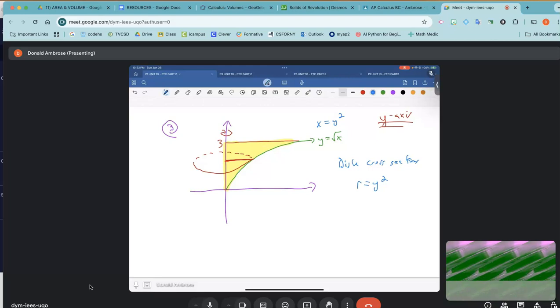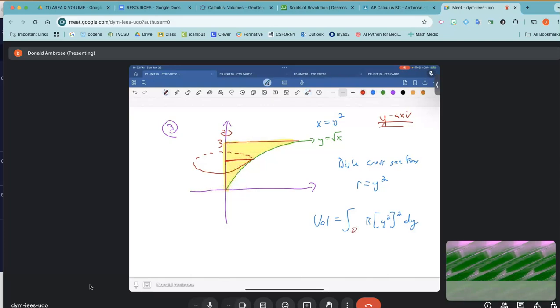And for our volume, the volume would be a definite integral of pi times our radius, which is y squared, dy. And then our limits of integration also have to be in terms of y. The lowest cross section would be at y equals 0, and as our cross sections go all the way up to the top, the highest cross section will be found there at y equals 3.